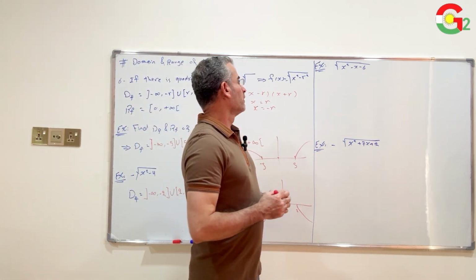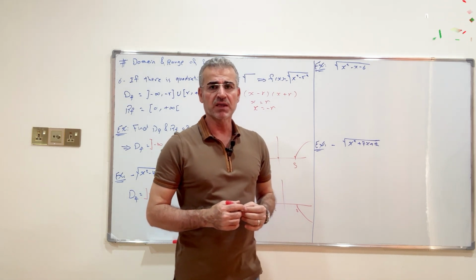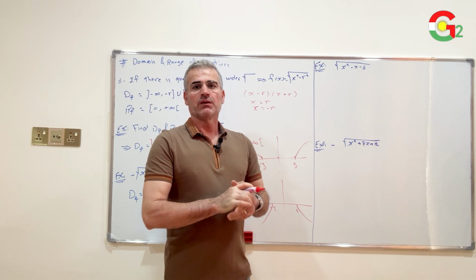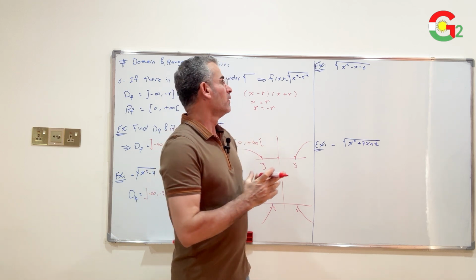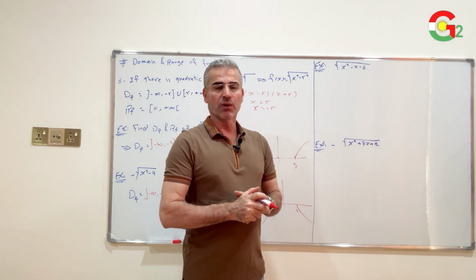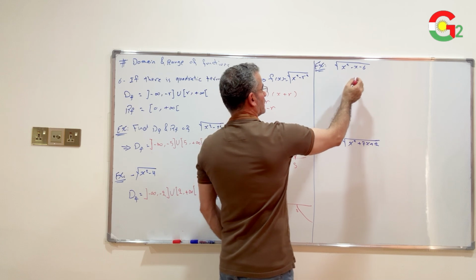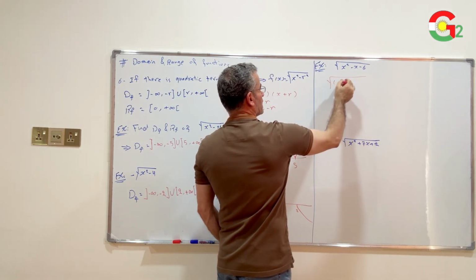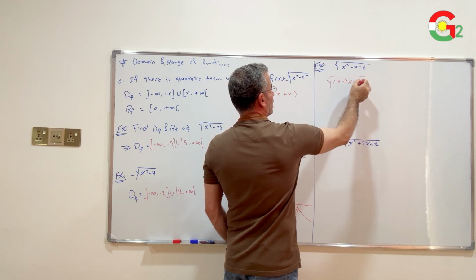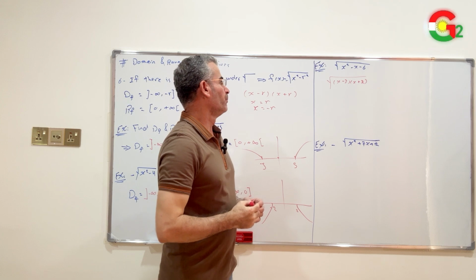Example, find the domain and range of the function square root of x squared minus x minus 6. Here we don't have a difference of two squares under the square root, but we have a quadratic function. We can factor it as x minus 3, x plus 2.